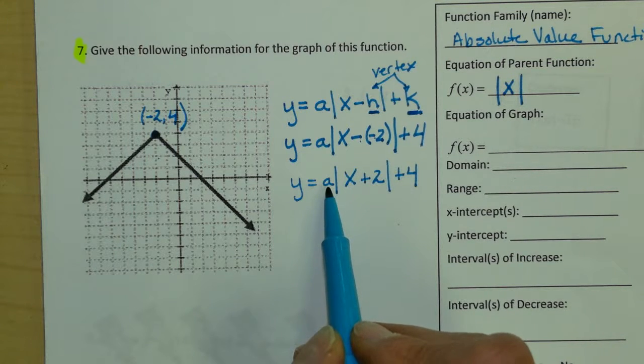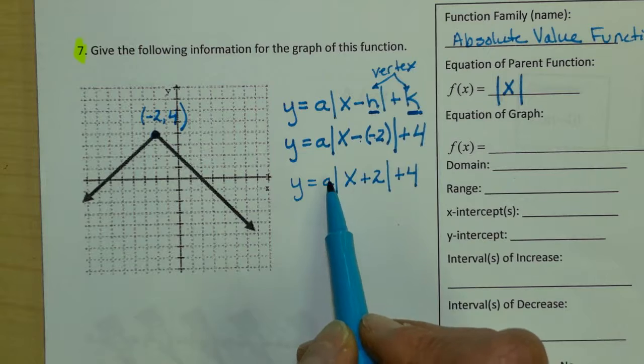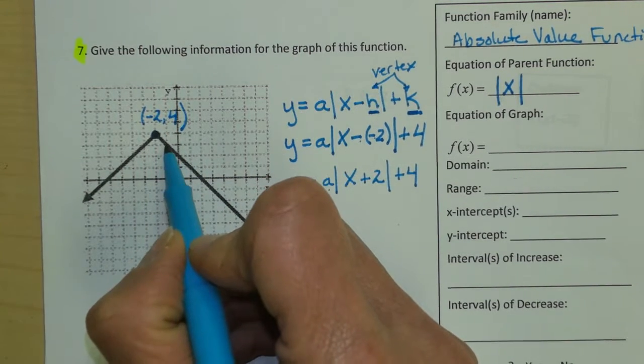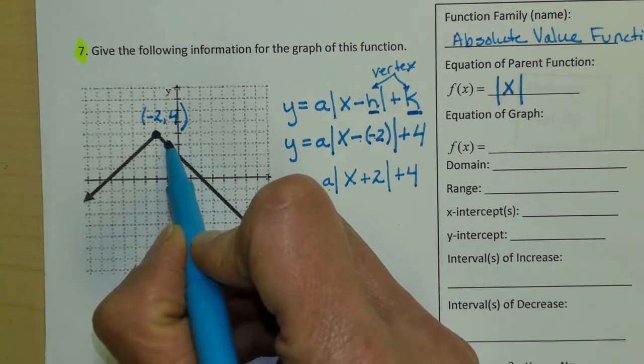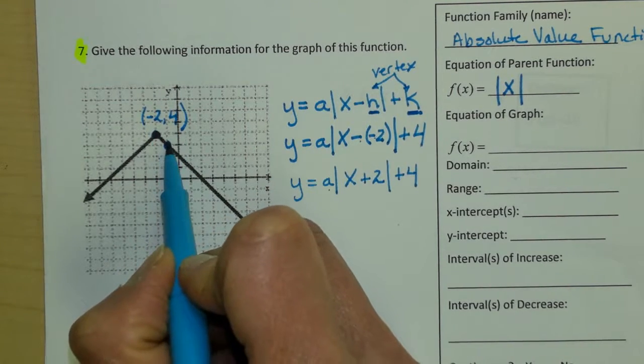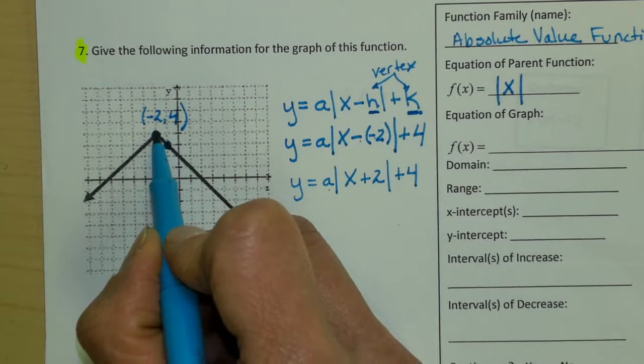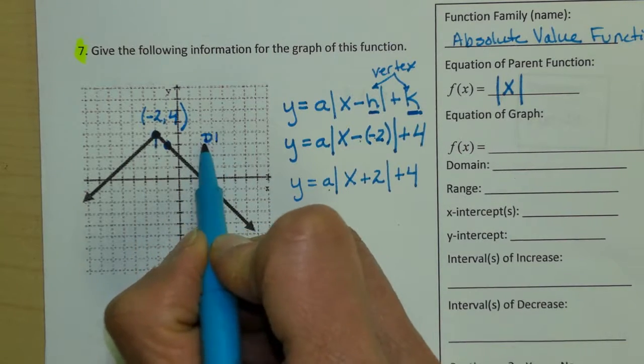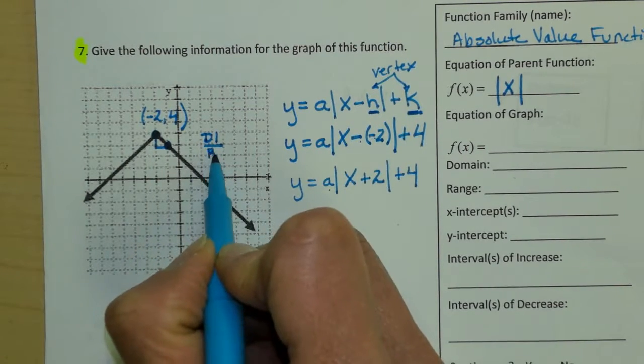And remember, my a is like slope. So I simply look for where it goes through the crosshair. It looks like it goes through right there. So how do I go from my vertex to the next point on my right? I go down 1. And I go right 1.